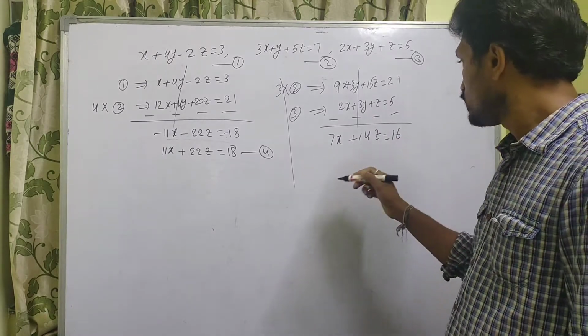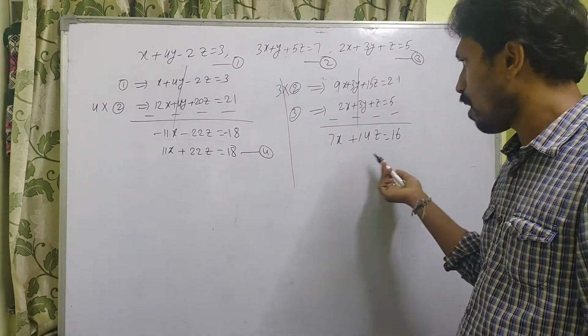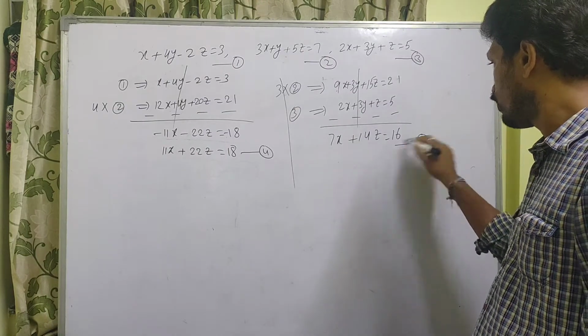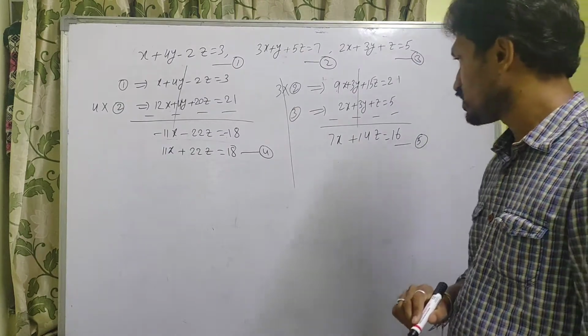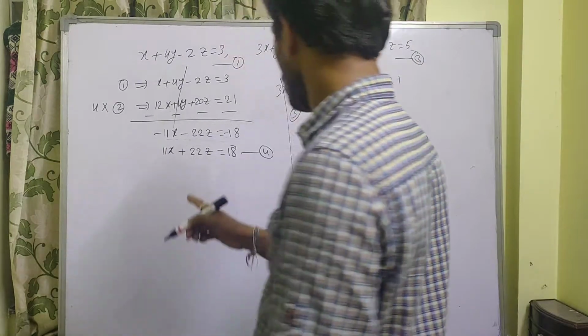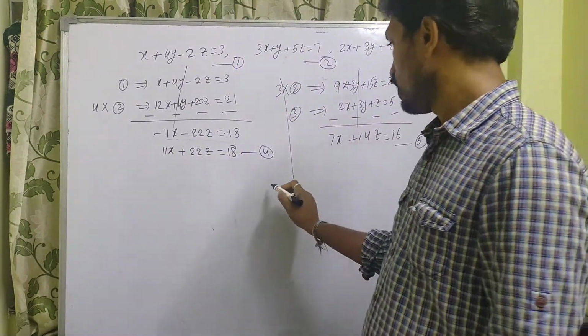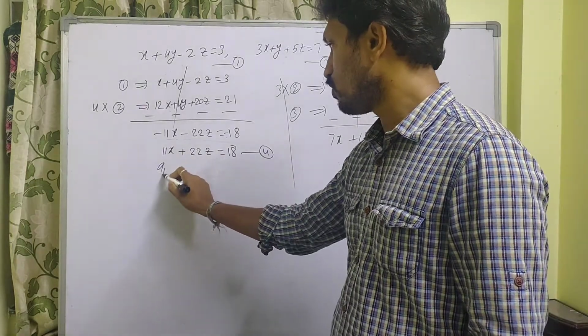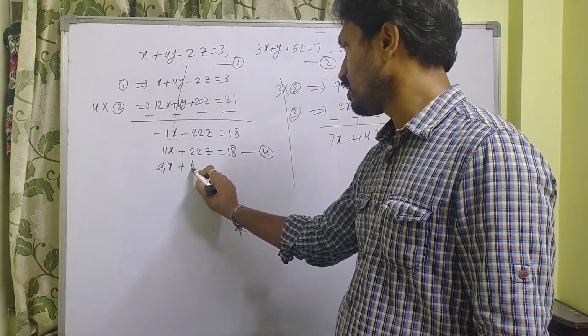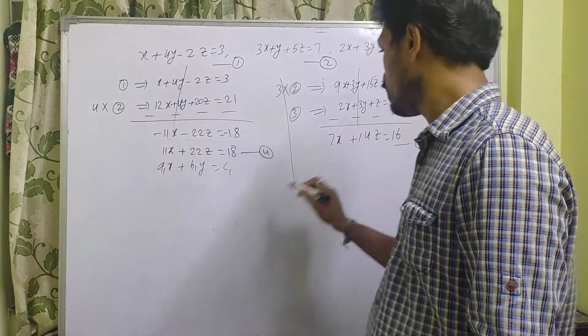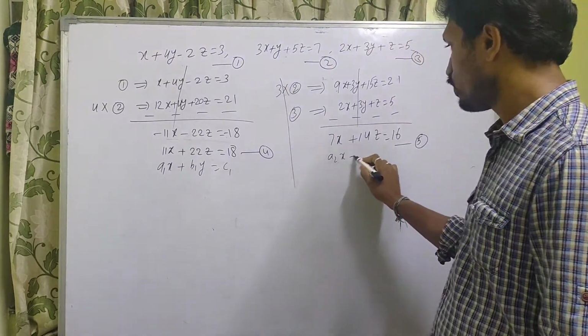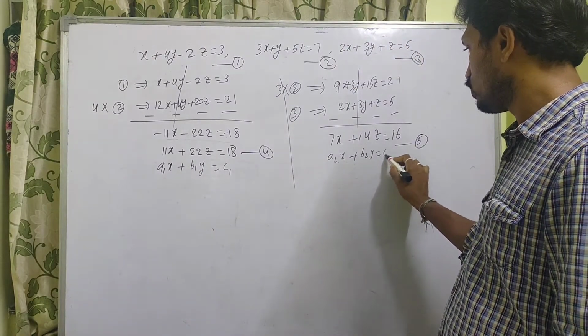Okay, see here there is no common factor, just write it as it is. Here you understand a1 by a2. Okay, you have to compare this equation with a1x plus b1y is equal to c1. This one you compare with a2x plus b2y is equal to c2.